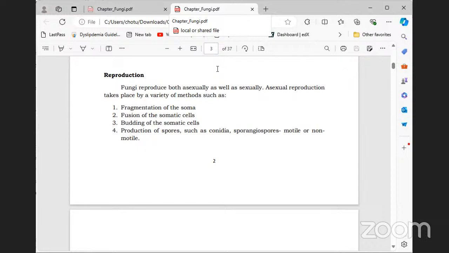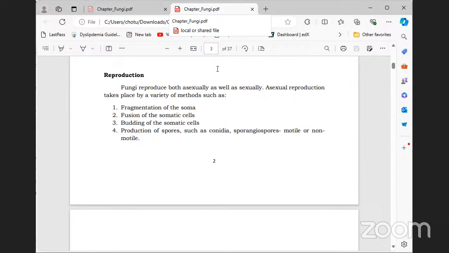Spores are present in both asexual and sexual reproduction in the fungal plant bodies. And next, how does asexual reproduction take place? Different types of asexual reproduction are present. The main asexual reproduction is the formation of spores. Spore structures are the most important reproductive structures.